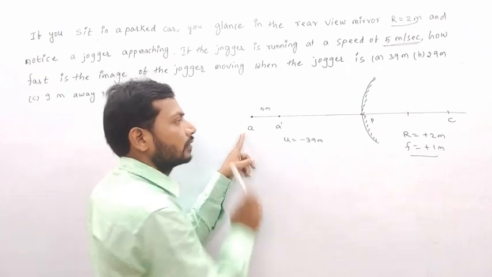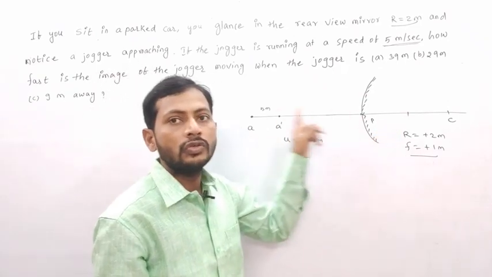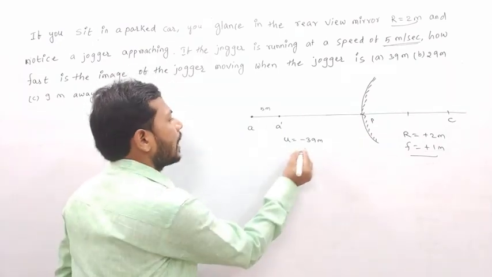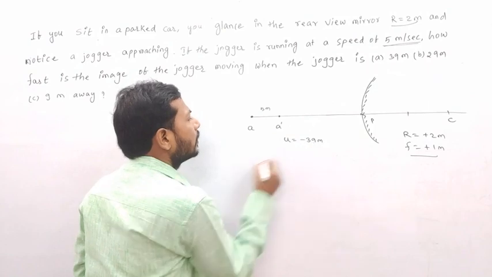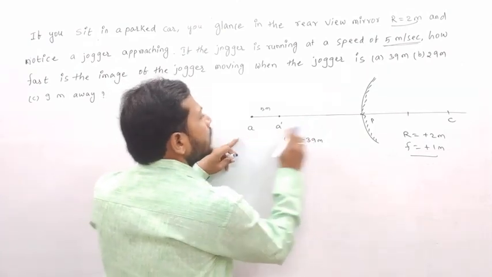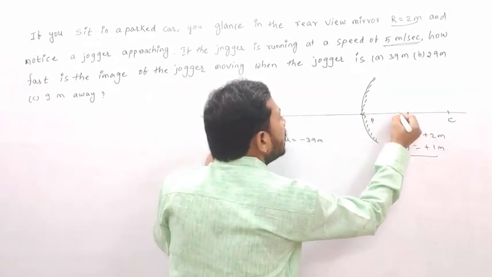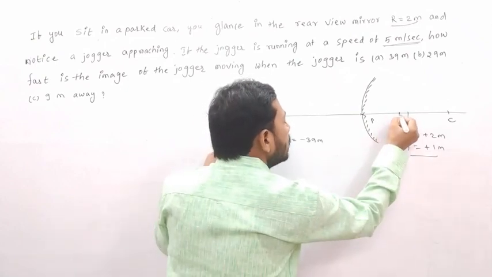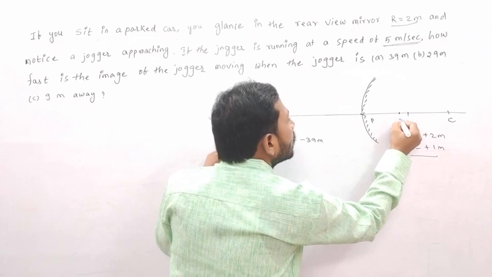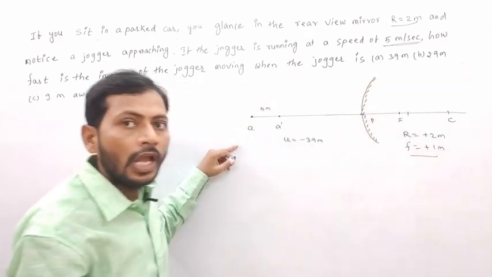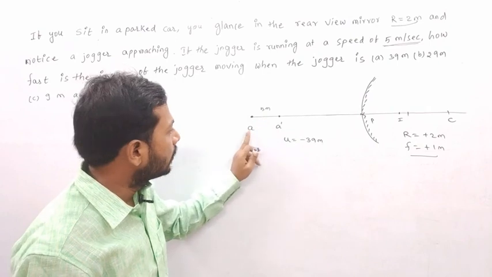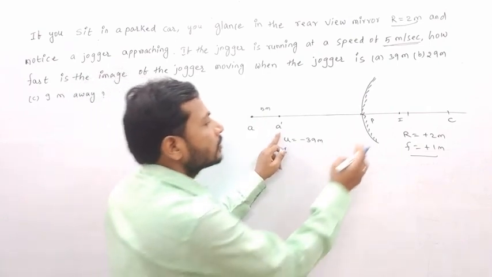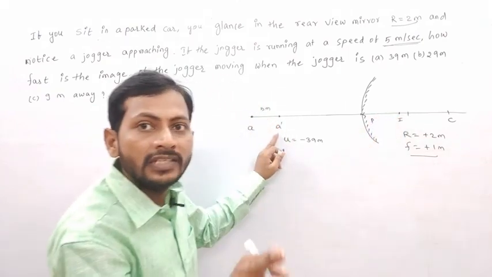How much distance will the image travel? First the person is at 39 meter, and he gives one image, which I imagine is here, and I name it I. After 1 second the object travels to here, so the image also travels, and the time duration is the same.